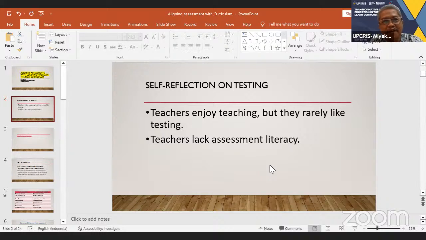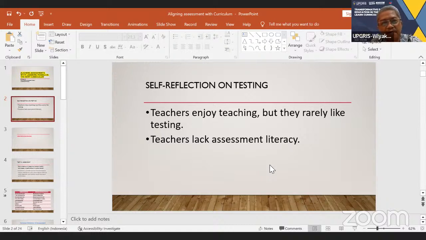Or let's say in a reading classroom, we teach reading from week to week. Then when it comes to the assessment period, I will guess that your format for assessment is multiple choice, or probably matching, not the others.